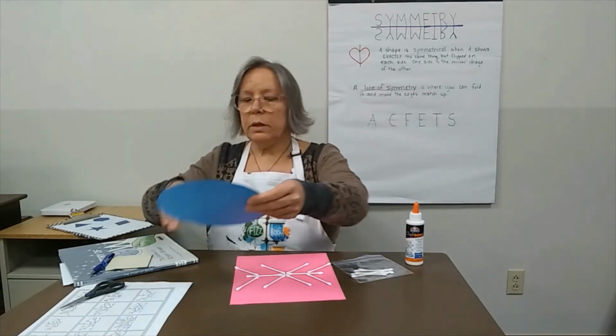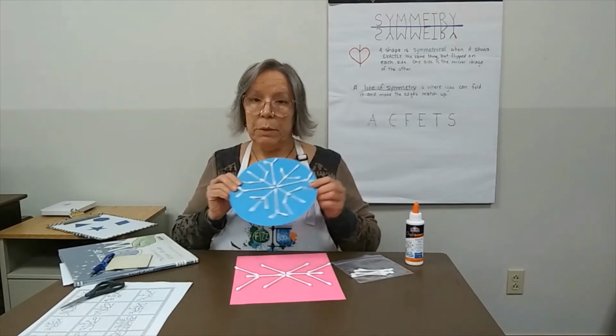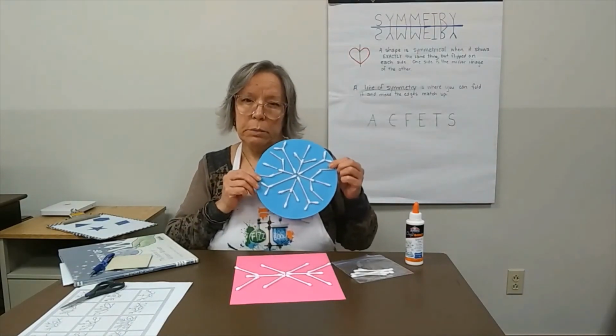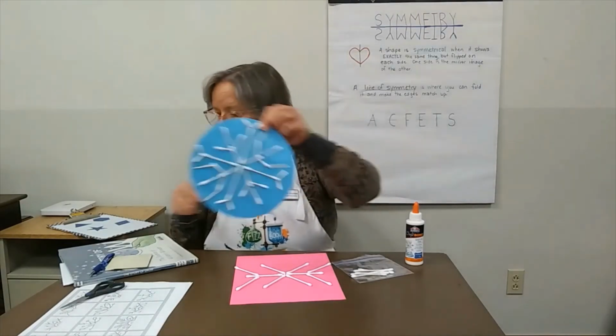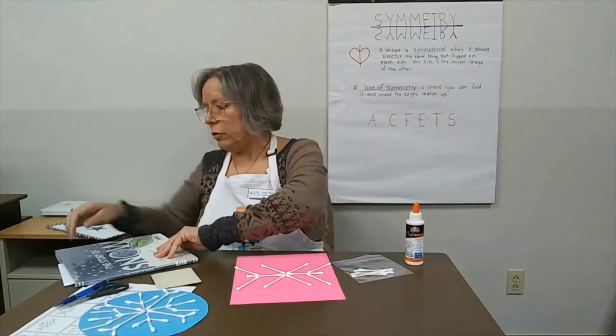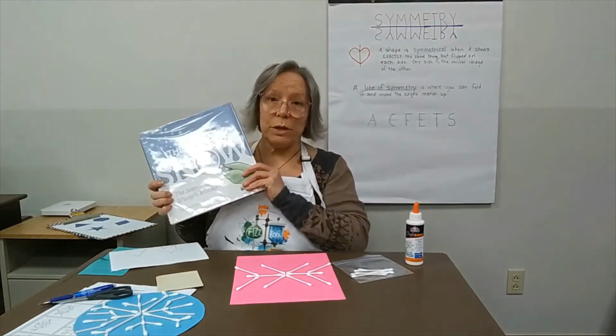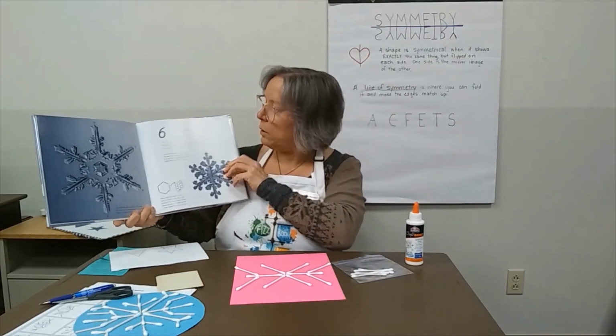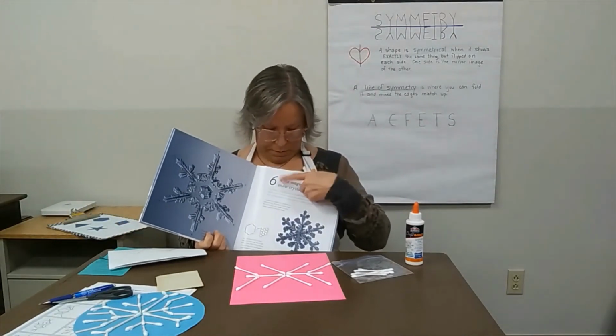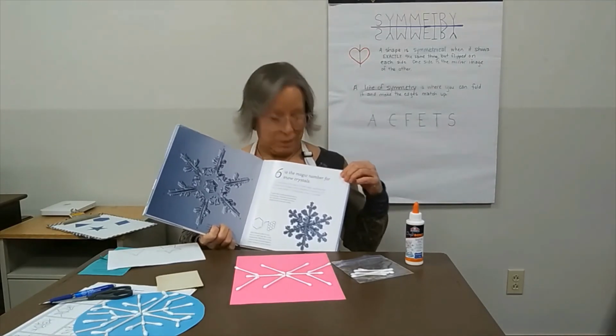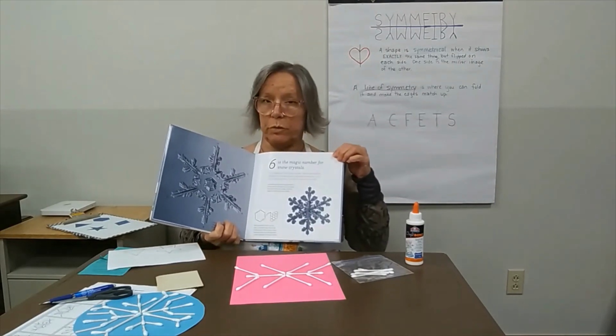Now, if you looked closely at mine, you might see a flaw. Okay, and I'll show you what I learned in my Story of Snow book on page 21. Six is the magic number for snow crystals.